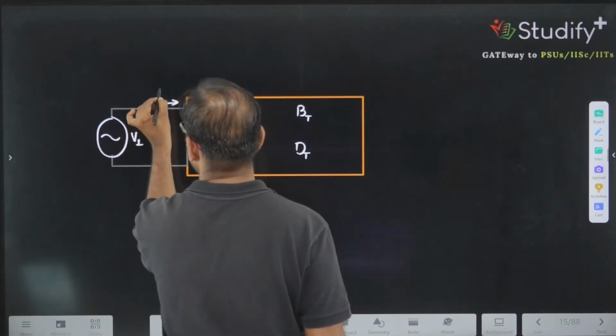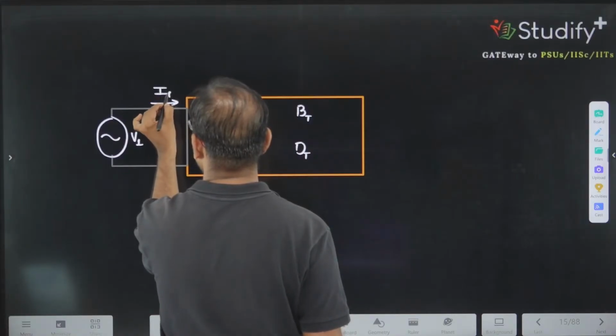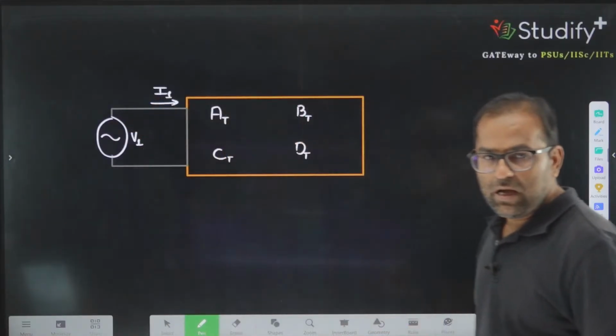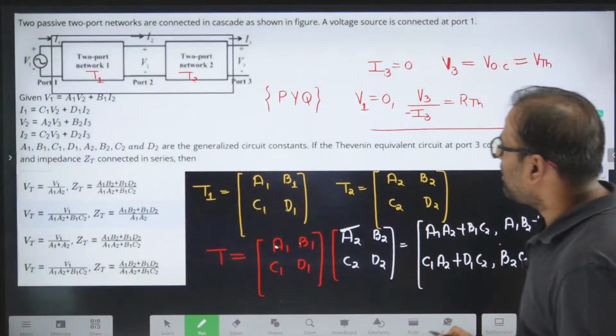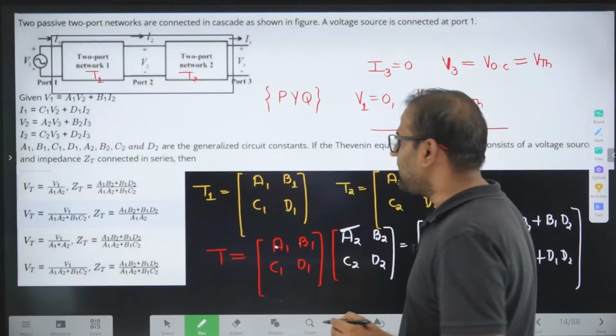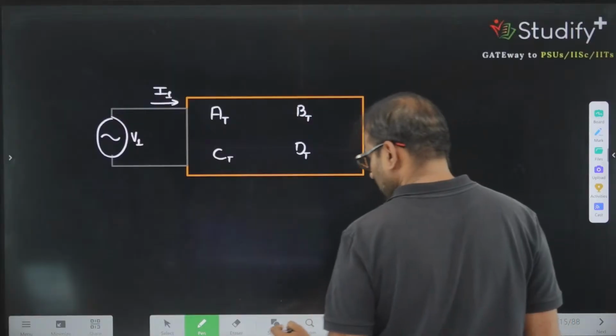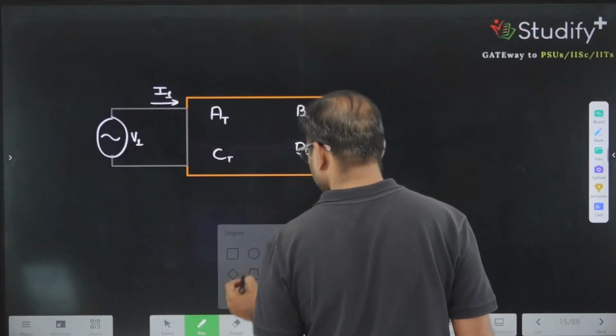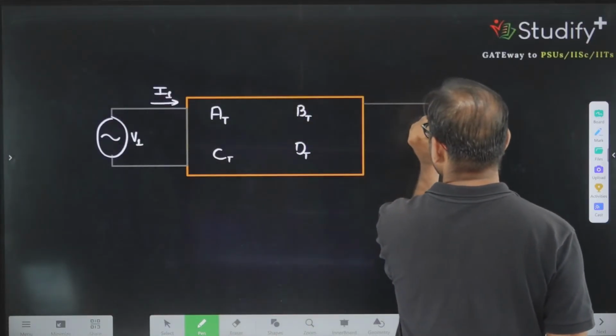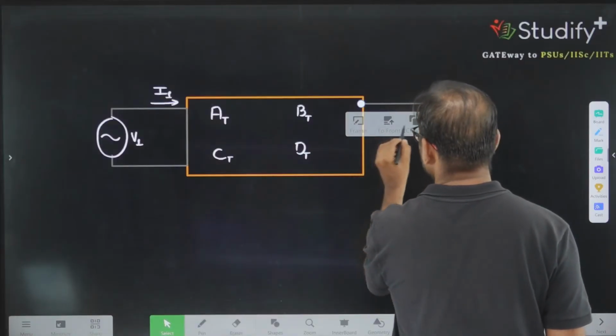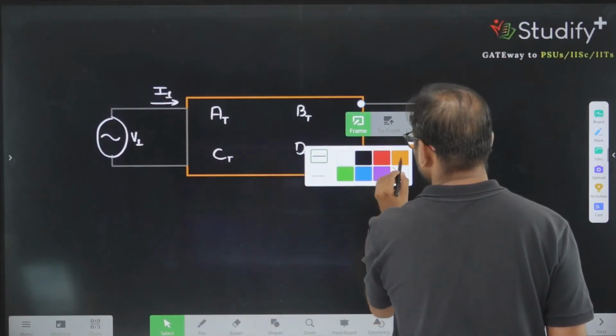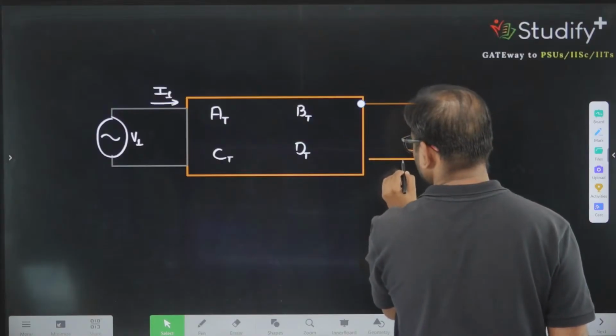This value is I1. V1, I1. And what else are we having here? The output port is V3, I3.